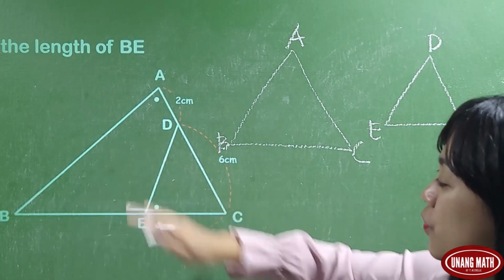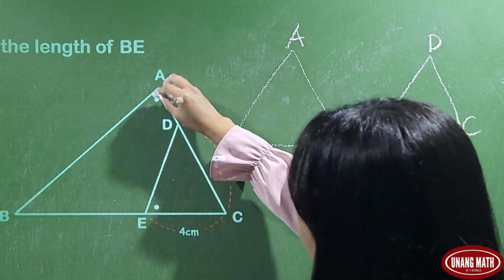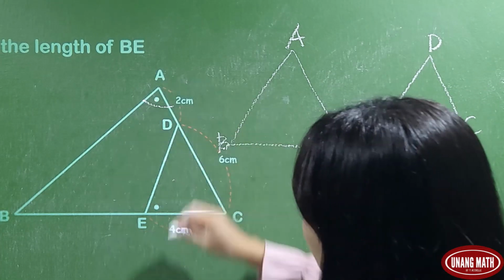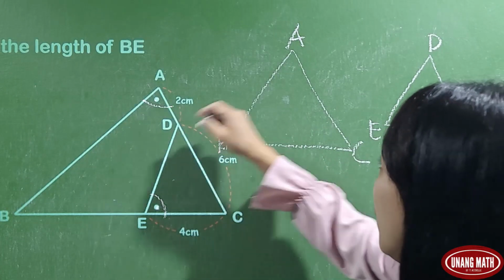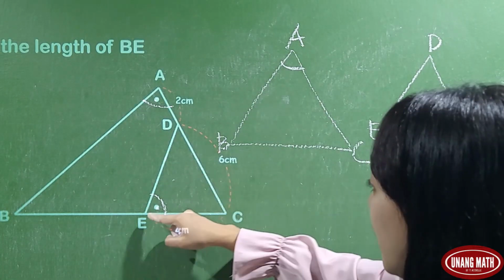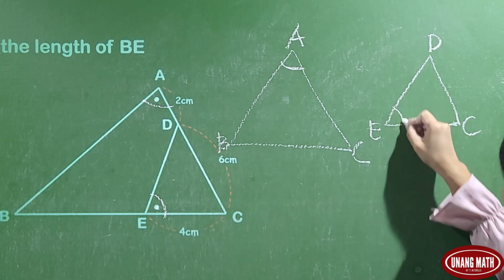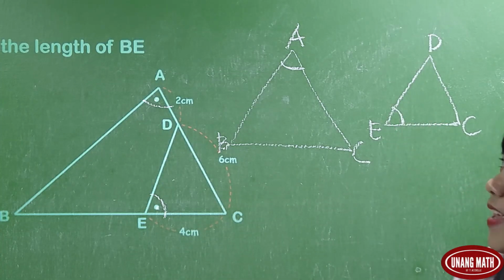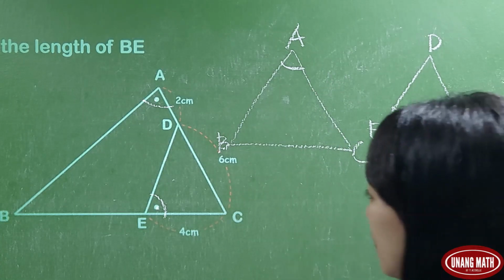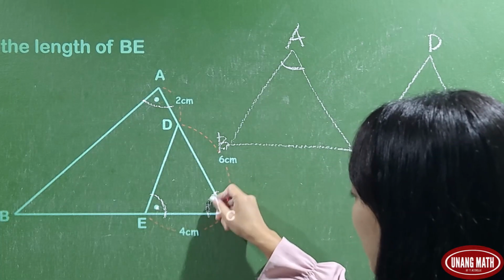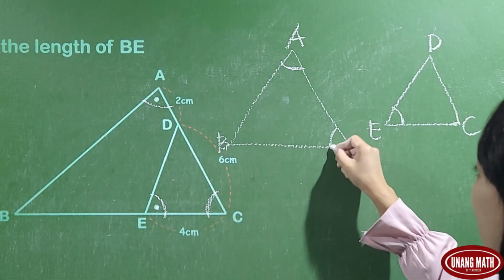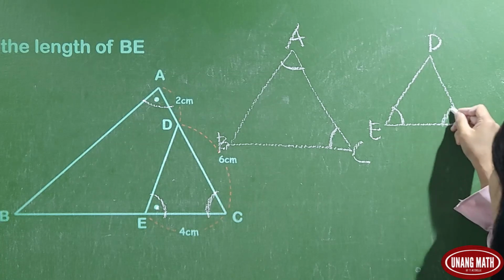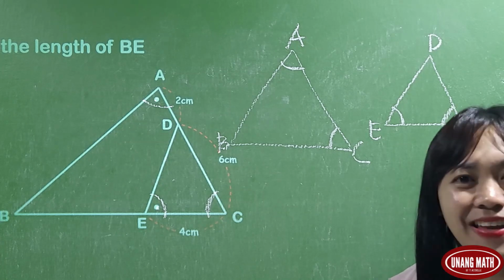So according to this figure, the measure of this angle A is the same as the measure of this angle E, so they are equal in measures. And also, angle C is common to these two triangles.